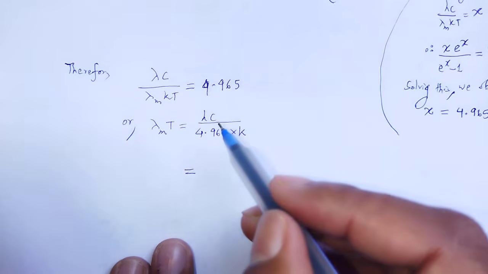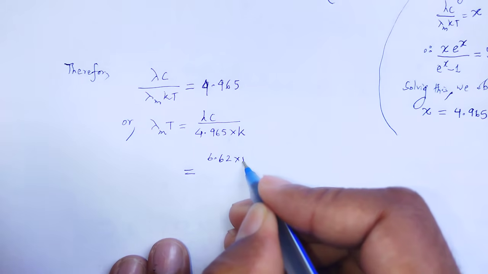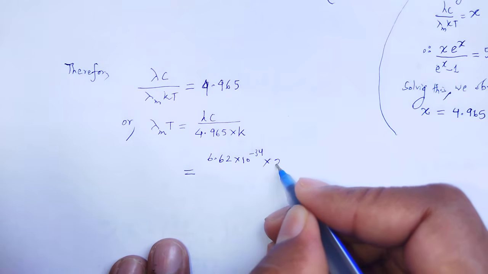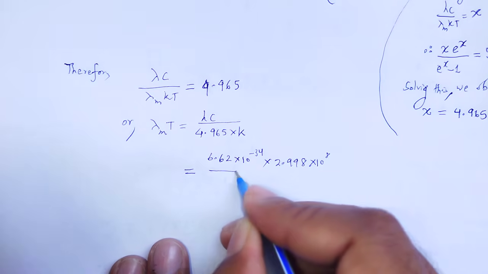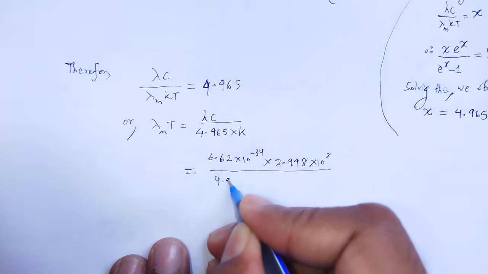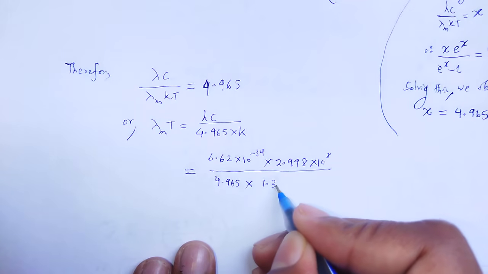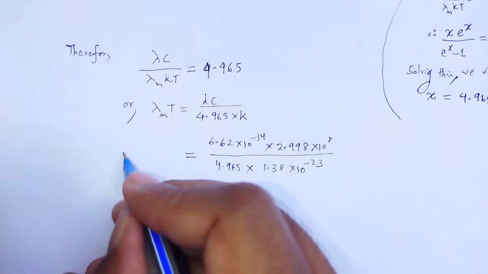So, all the constants: the value of Planck's constant 6.62 into 10 to the power minus 34, next, speed of light 2.998 into 10 to the power 8, divided by 4.965 into Boltzmann's constant 1.38 into 10 to the power minus 23.